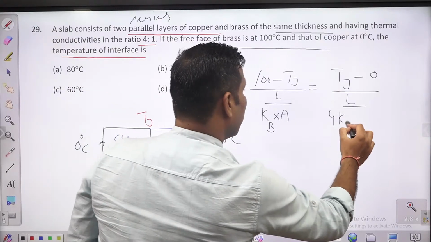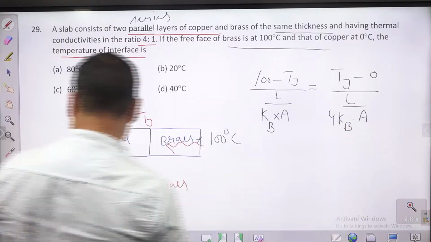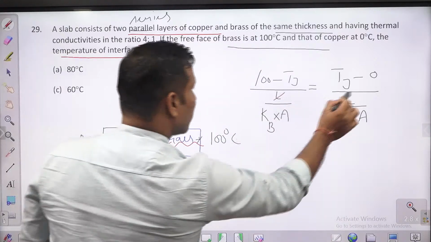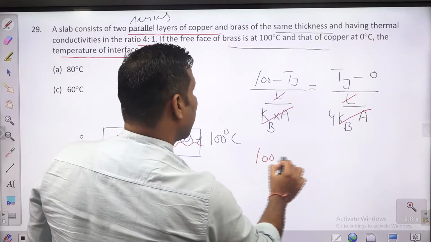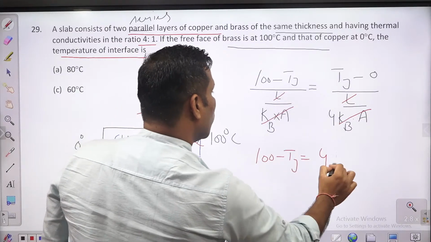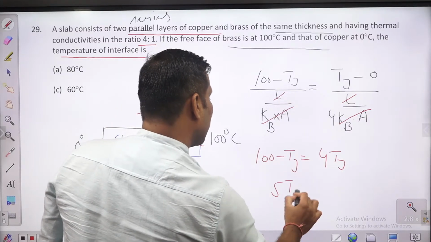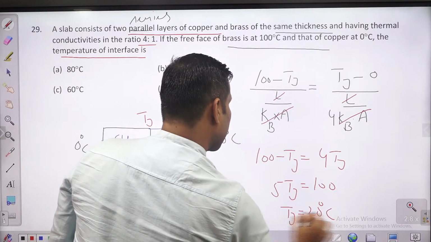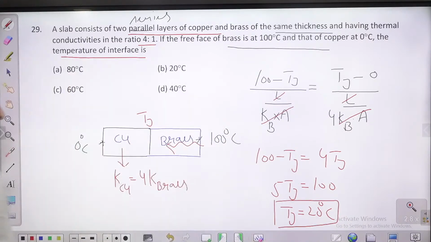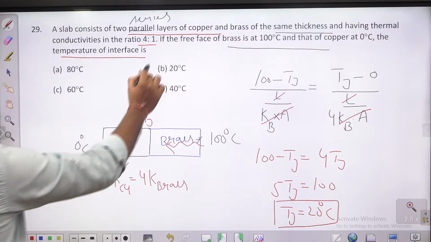So you can write here 4 times conductivity of brass into area. Solving this, this will be cancelled out, this will be cancelled out. You will have what, guys? 100 minus Tj equal to 4 Tj. So 5 Tj equal to 100. So the junction temperature is 20 degrees Celsius. How much does the junction temperature come, children? It will be 20 degrees Celsius. What does option B become?